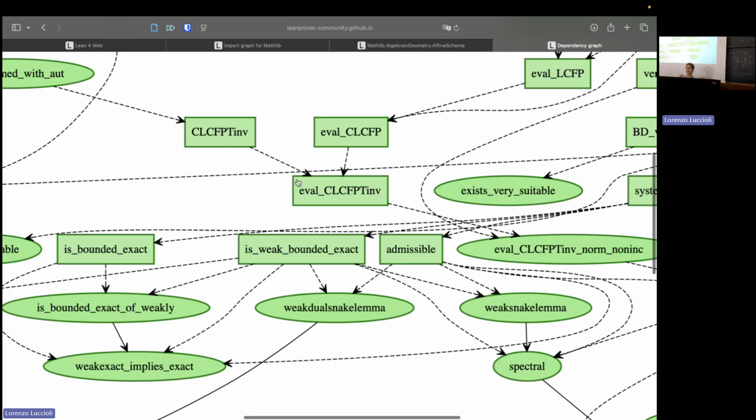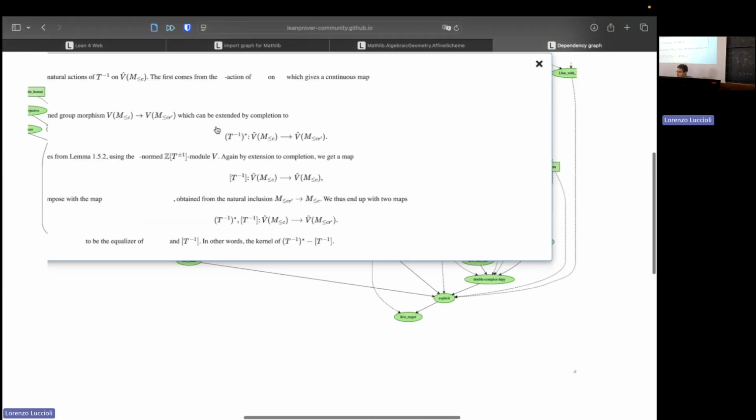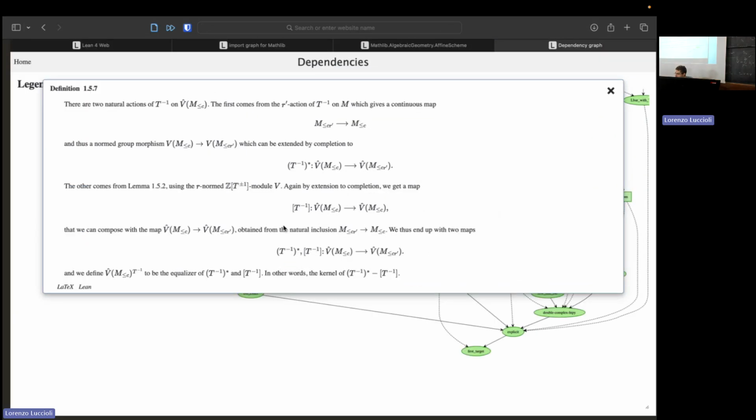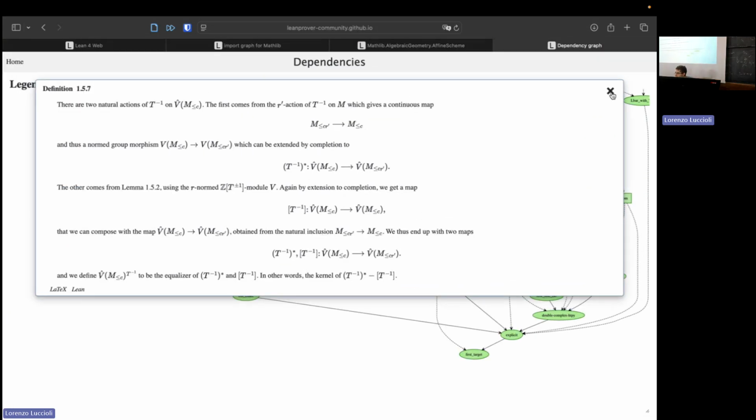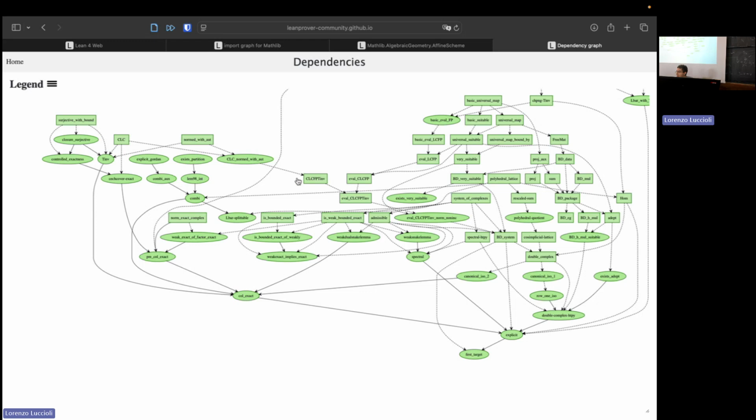The arrows represent what theorems it depends upon. So for example, if we click, it tells us the definition. So this definition here depends on this theorem here. This lemma here needs this definition, this lemma, this definition, and this other thing here. And we can explore how it's going.